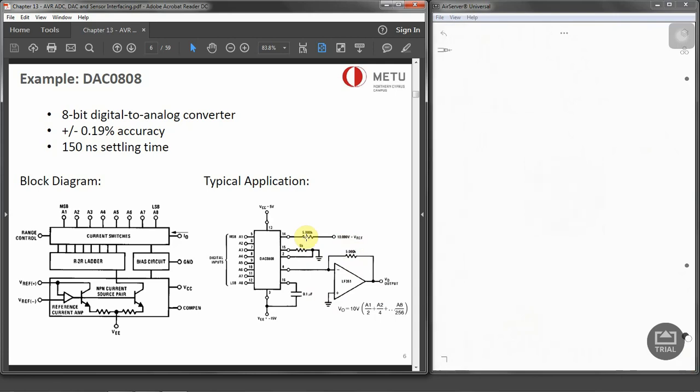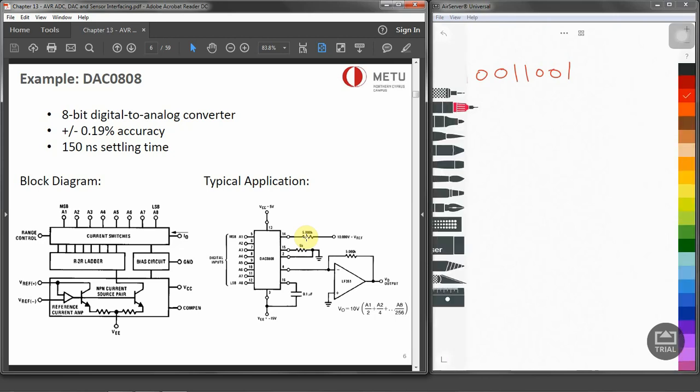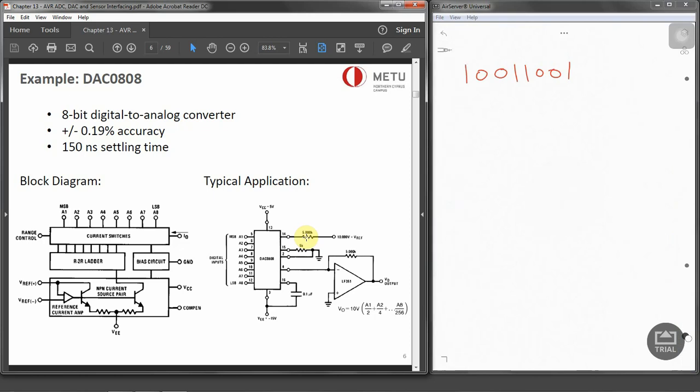So for example, we have a value 1 0 0 1 1 0 0 1. Now when we consider this number, it's an 8-bit number, so bits 0 1 2 3 4 5 6 7.